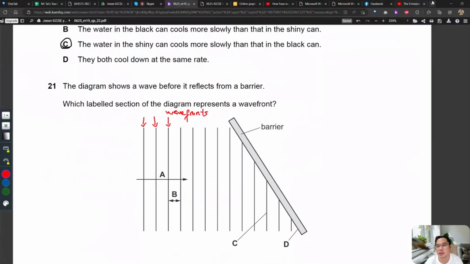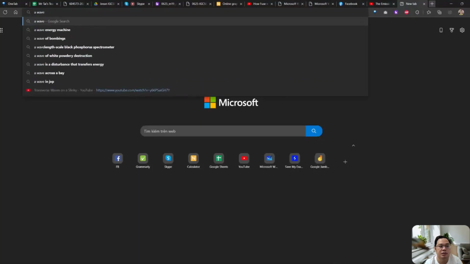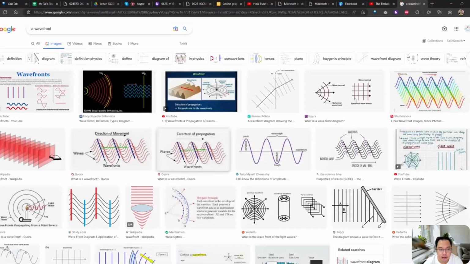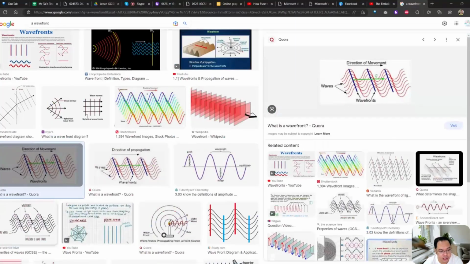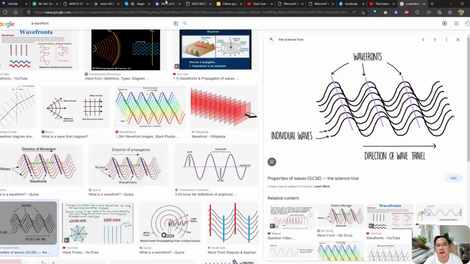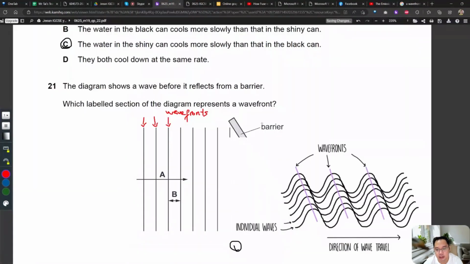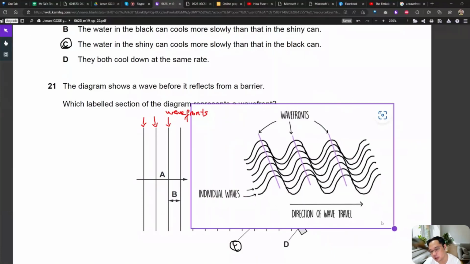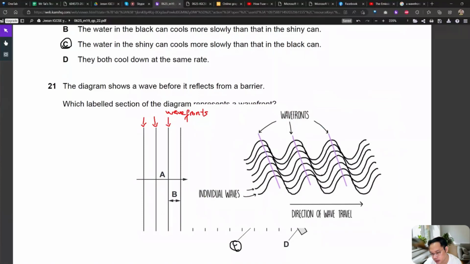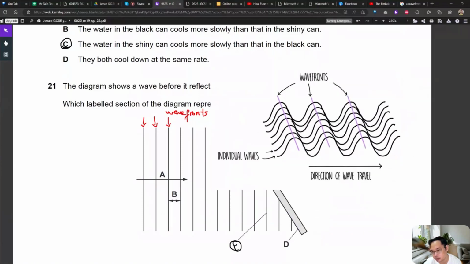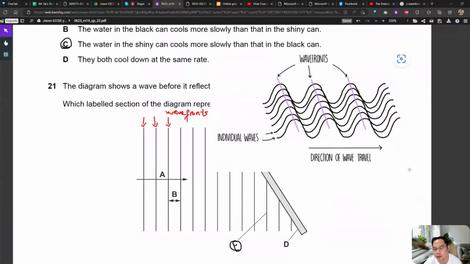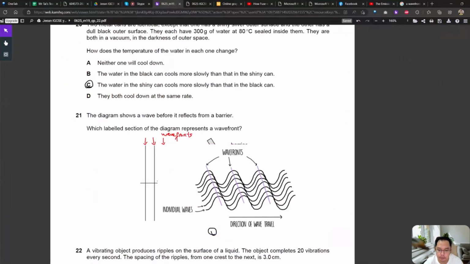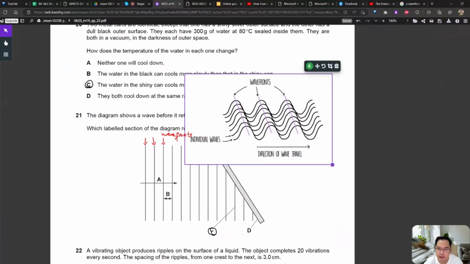Let me find a picture to illustrate that. A wave front is all the points having the same phase, the same displacement, the same energy, the same velocity. And normally we take the peaks. How do I reduce the size of this one? I cannot do that here, that's so weird.